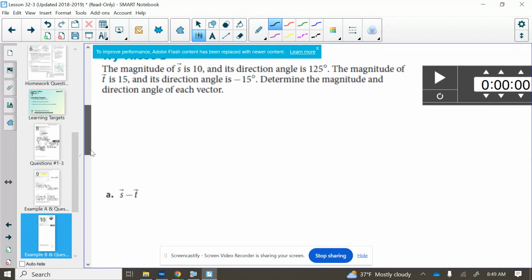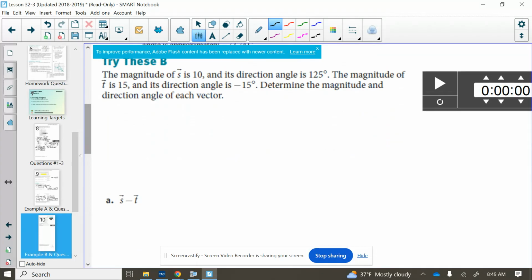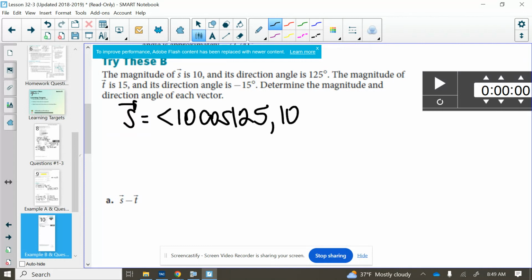So for this first one, they are telling us about vector s and vector t, and we want to find the magnitude and the direction of each of these corresponding vectors. So, reminder, with vector s, its magnitude is 10, its directional angle is 125. So in order to resolve it, we would do 10 times the cosine of 125 and 10 times the sine of 125.